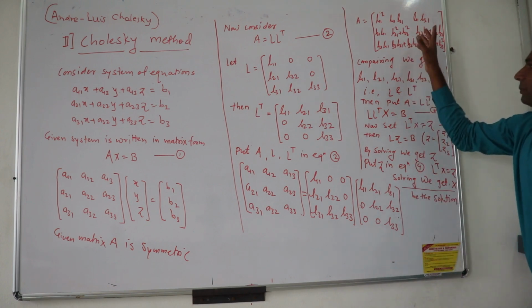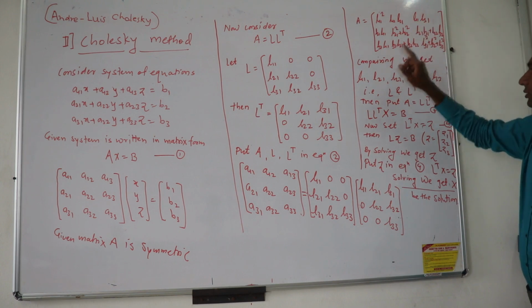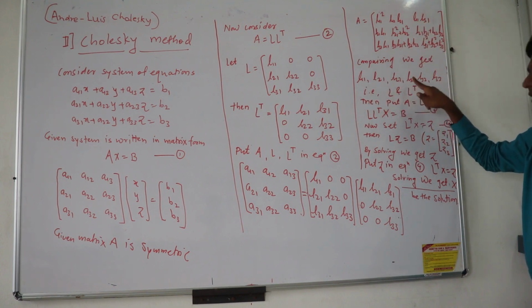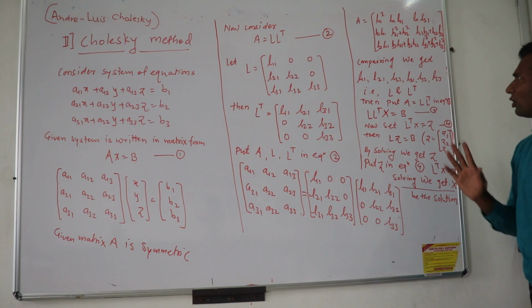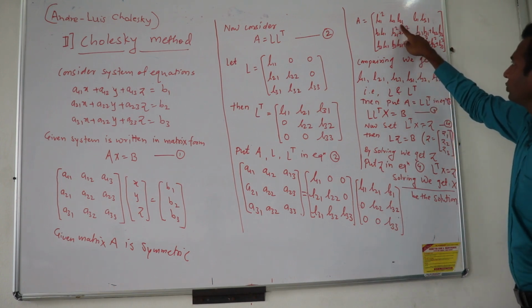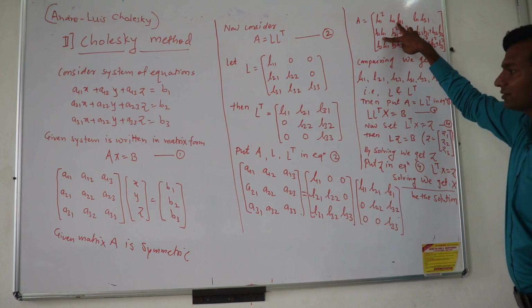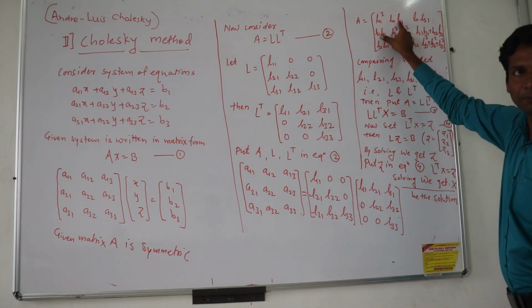So by comparing matrix A with this multiplicative matrix, we get the values of L11, L21, L22, L31, L32, L33. We have to compare only 6 elements, because see that the L11, L21 equation and the L21, L11 equation are the same, and our given matrix is symmetric, meaning these two elements are also the same.